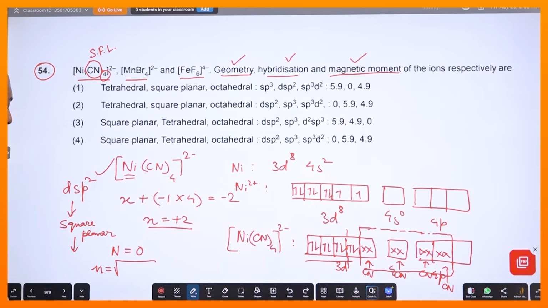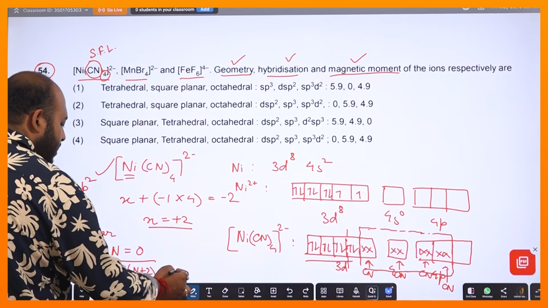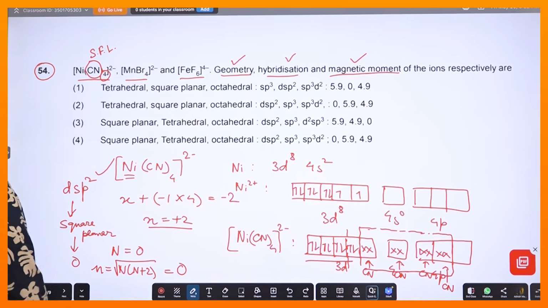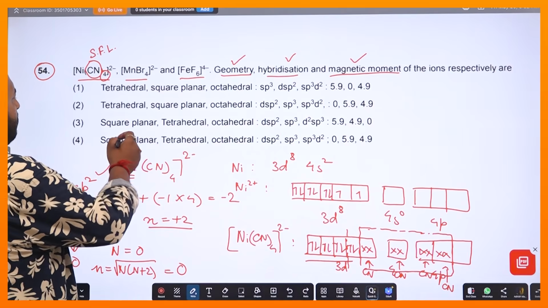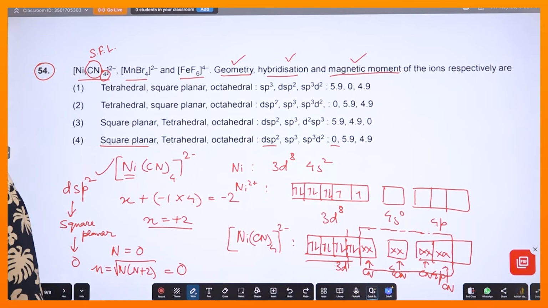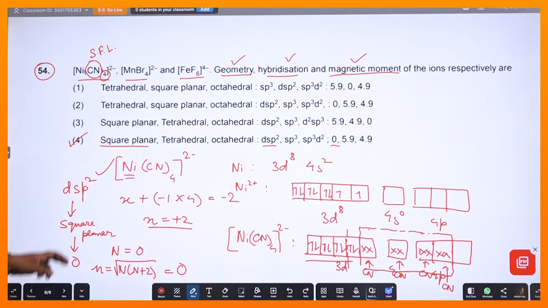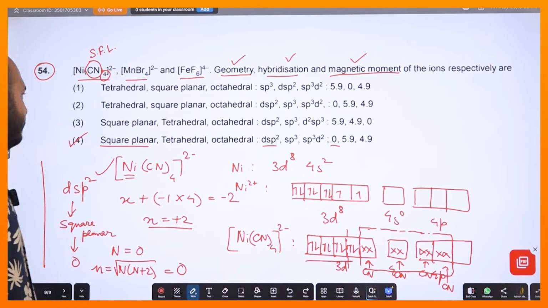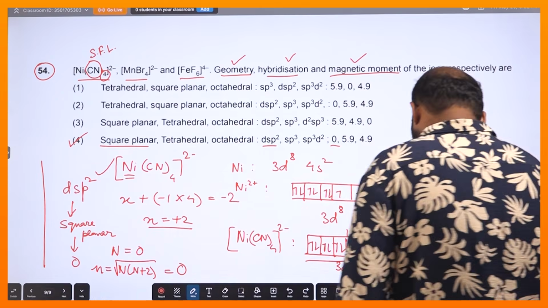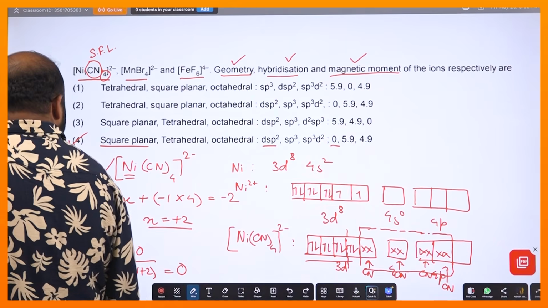To find out the magnetic moment, the formula is root of n into n plus 2, and this will also equal 0. So square planar, dsp2, 0. I guess this is the correct option. We don't need to check the other two because we can do it from here only.